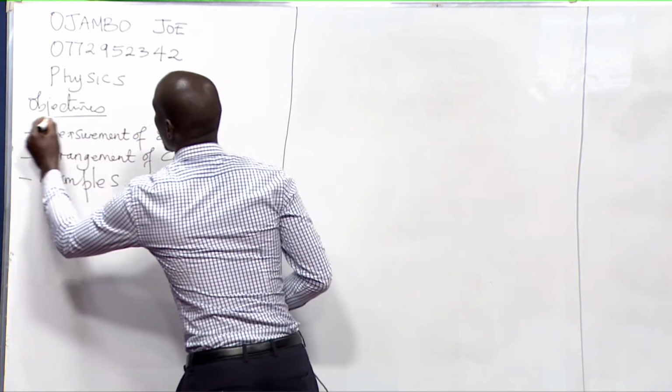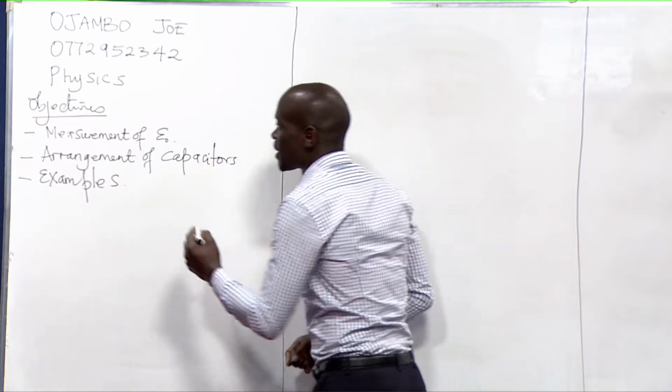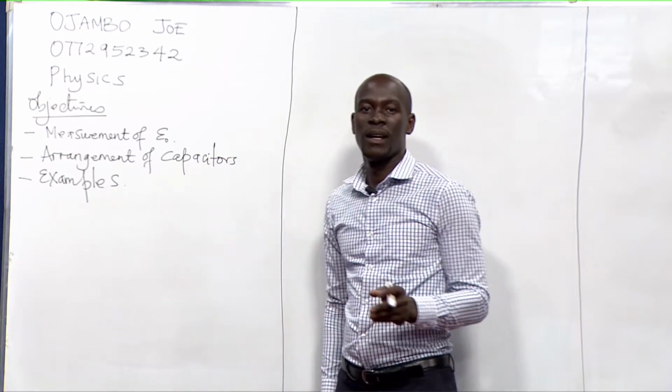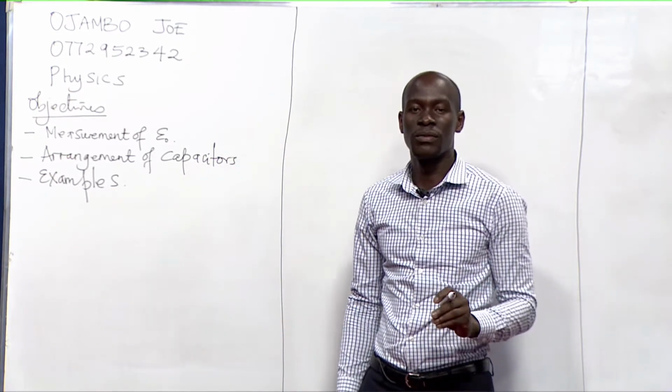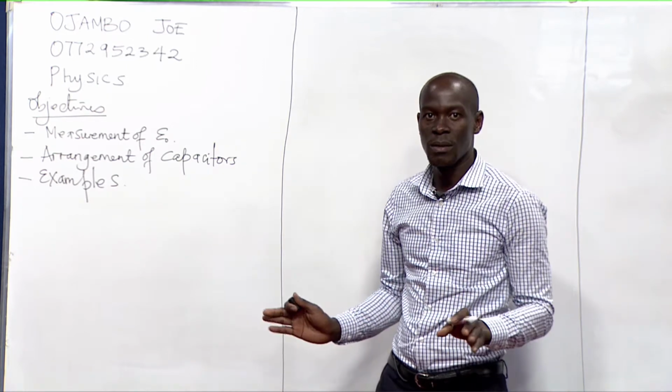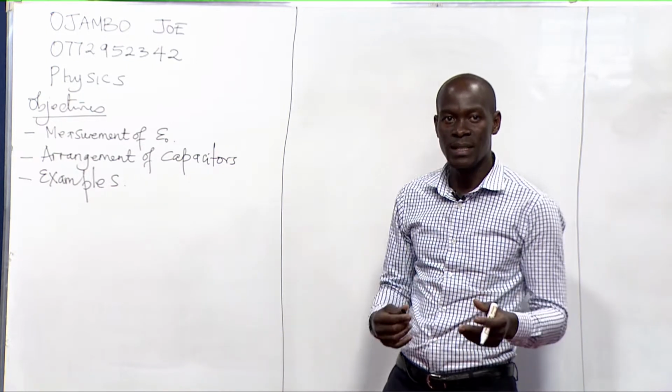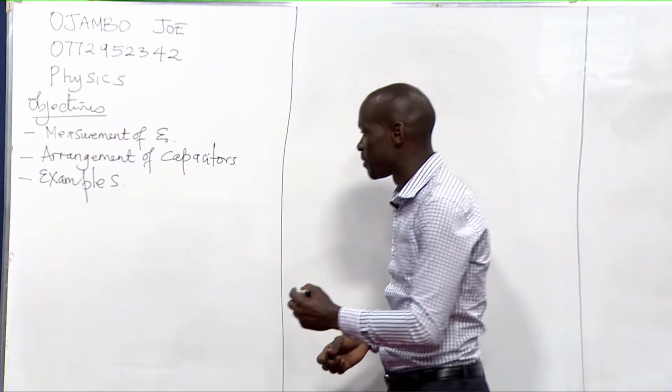From what we said, we shall start with lesson objective number 1, and that is measurement of the permittivity of free space. Remember, I had left it for you as an assignment. It's now time to mark oneself.